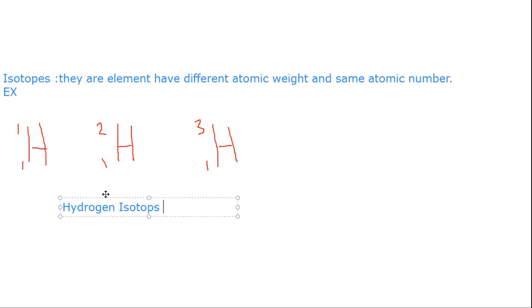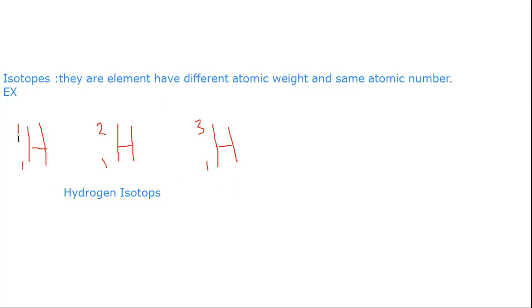So what is the meaning of hydrogen isotopes? Elements that have the same atomic number, each 1, 1, 1, but they differ in their atomic weight. This is 1, this is 2, this is 3.